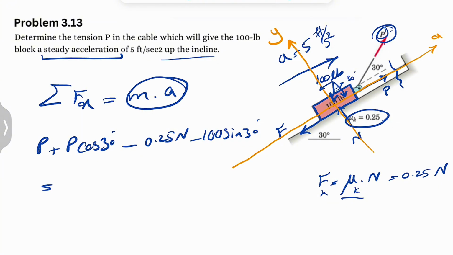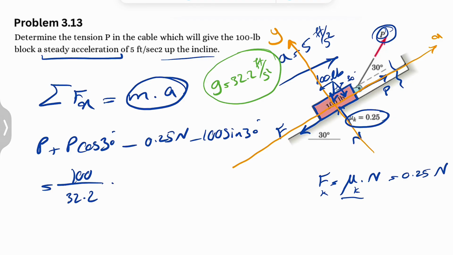Keep in mind that we have the weight of the block, so we have to divide that by g. Because our units are in feet, g would be 32.2 feet per second squared. So we divide the weight by g to get the mass, and multiply by the acceleration from the question, which is 5.